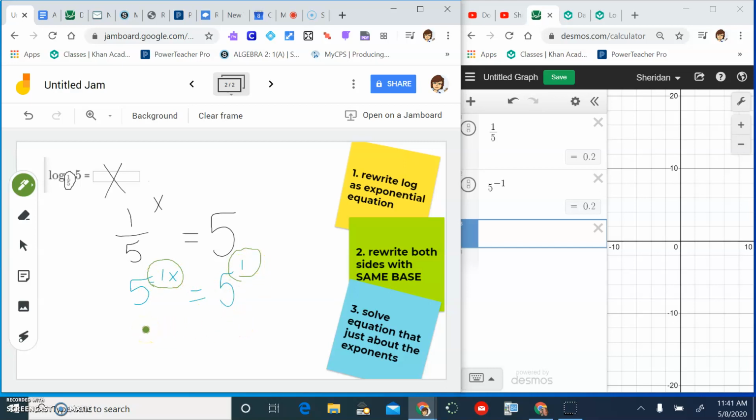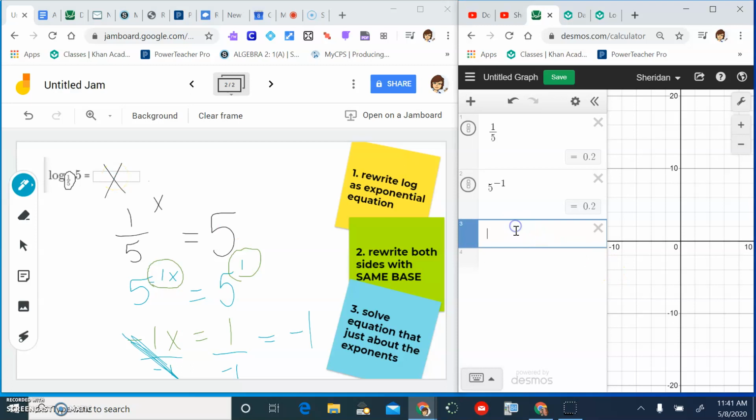So we're going to rewrite that as negative 1x equals 1, and then solve that equation for x. So divide by negative 1. And what's 1 divided by negative 1? Well, negative 1. So the exponent here is just negative 1.